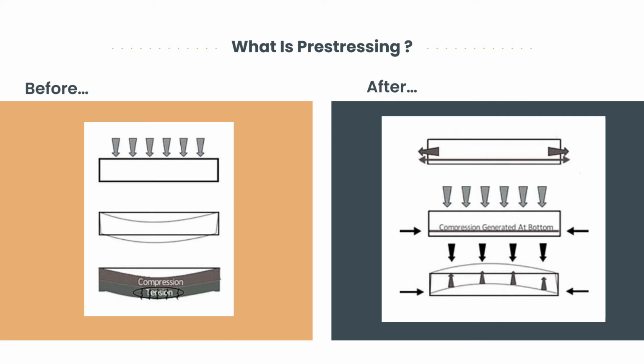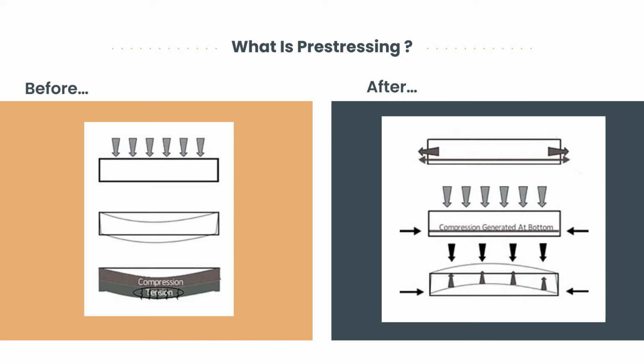Due to this elongation at bottom, concrete will get cracked. For the second image, we add some steel bars on the bottom section and stretch it, so that it can resist more of the tension and save the concrete from cracking. This is what we call pre-stressing, and this type of concrete is known as pre-stressed concrete.